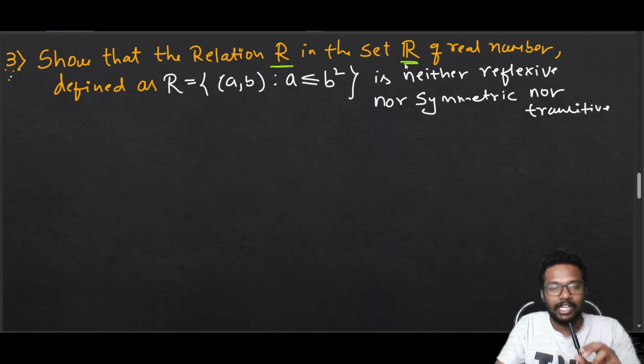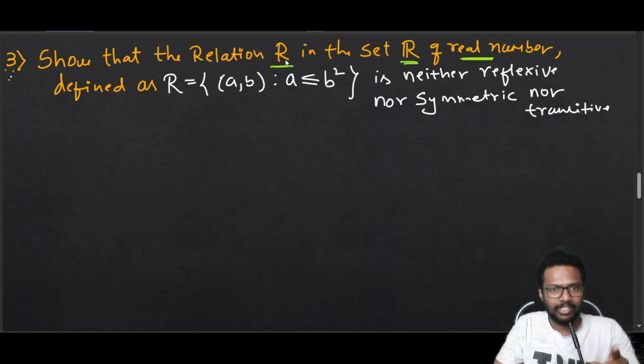But when I mention the set R, it is nothing but the real numbers. So when I mention real numbers, I write that R in a stylish way, in bold. So there will be a difference between this R and this R. If you observe in the textbook also, there is a difference between a relation R and the real numbers R. So don't get confused about which R is the relation and which R is the real numbers. There is a slight difference in the symbol.